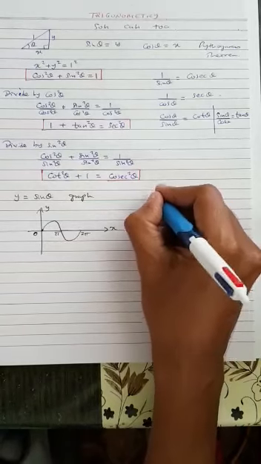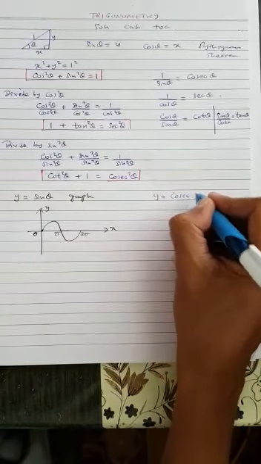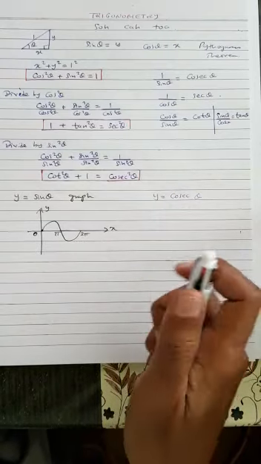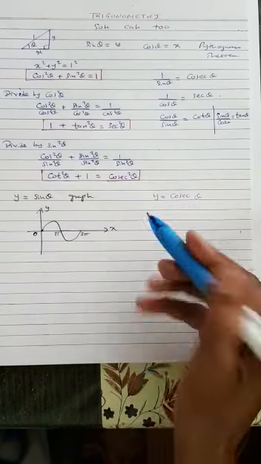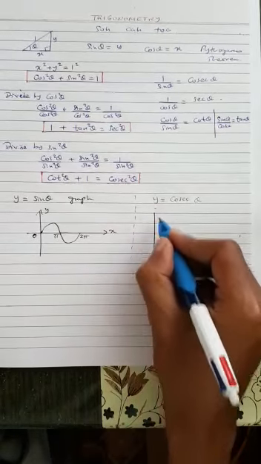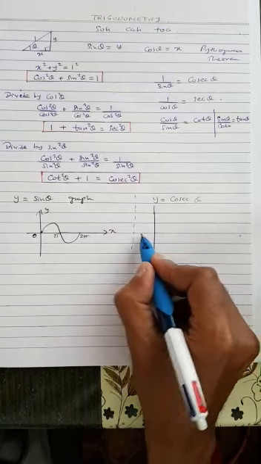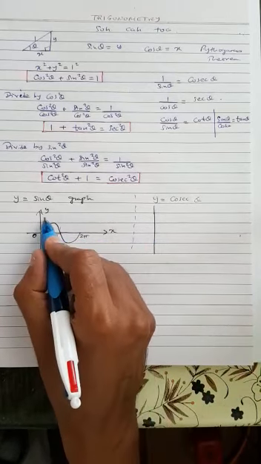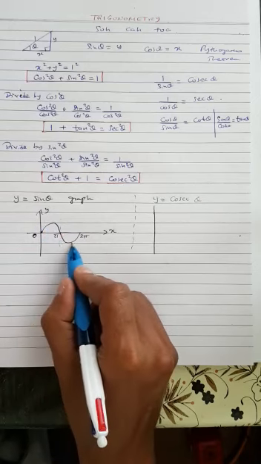So y is equal to cosec theta. So basically the graph will look something like this. So your sine graph is like that. So what you do, you just draw a line here, and the inverse of it is like this.